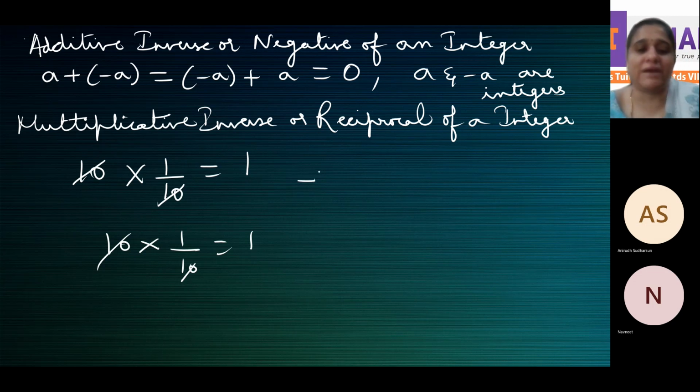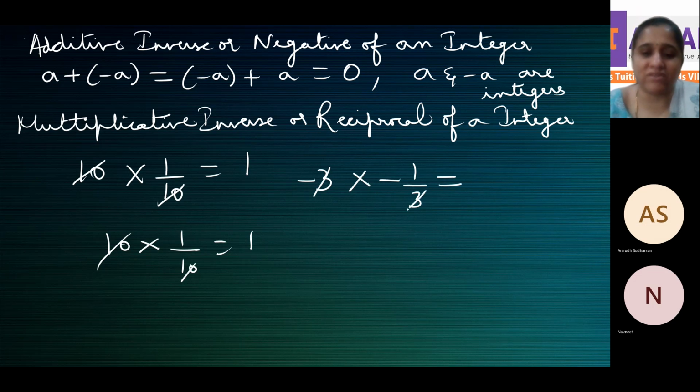Now, when you take the integer minus 3, its reciprocal or multiplicative inverse, both mean the same. The reciprocal of minus 3 is minus 1 by 3, because when you multiply these two, 3 and 3 get cancelled.